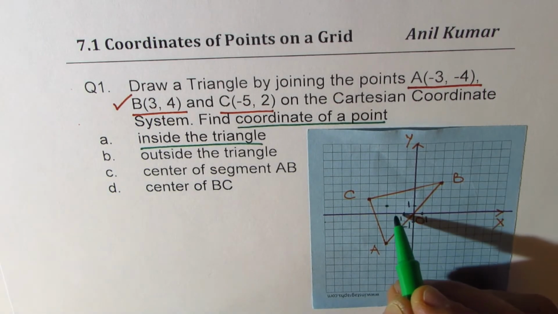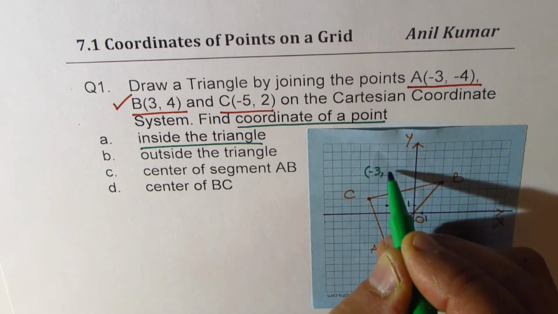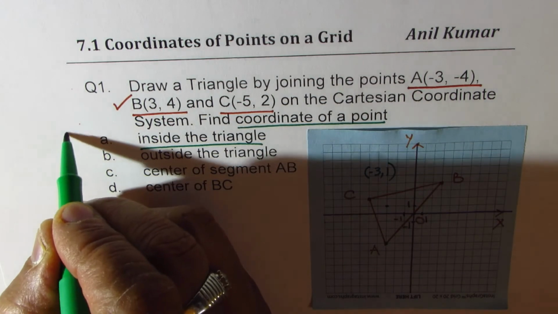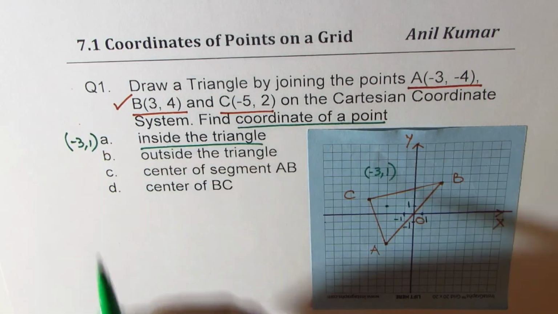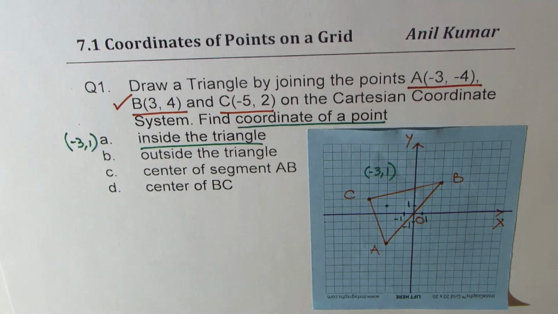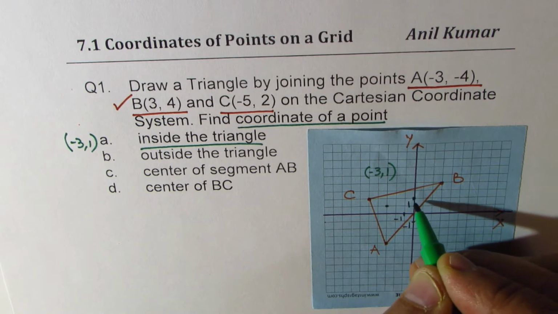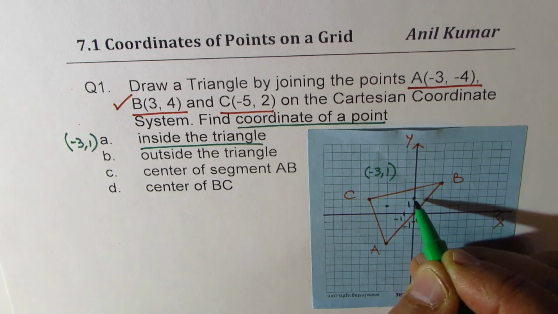This point is 1, 2, 3 on the left, so I'll write -3 and 1 above, so 1. So (-3, 1) is a point for me which is inside the triangle. Correct? You could name any point. For example, you could also name a point which is inside the triangle, x value being 0, y value being 2.